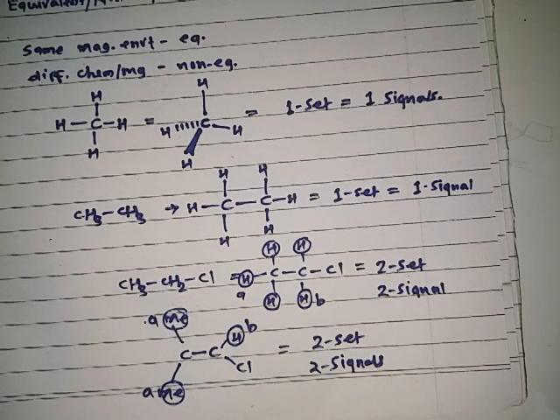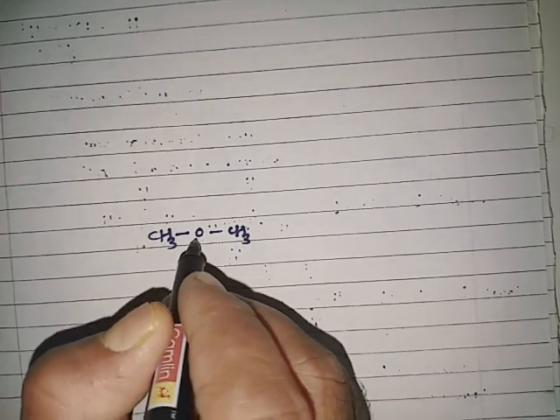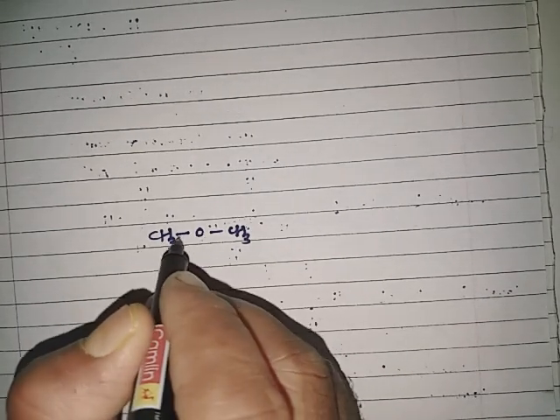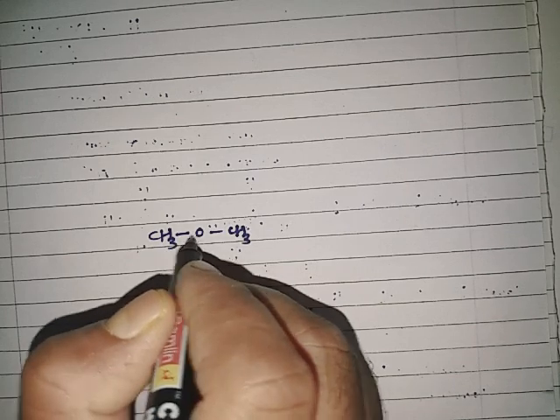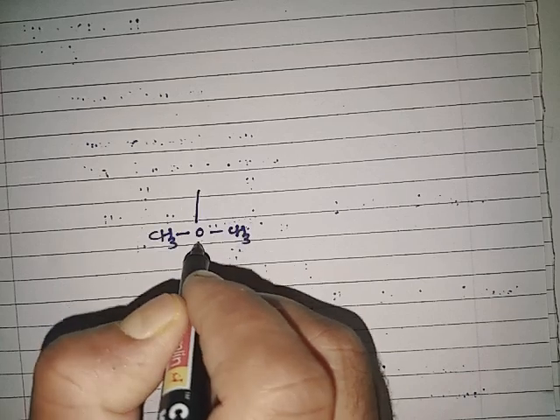The important thing for the determination of the number of signals is that you should know the symmetry elements. For example, if you draw the structure of ether, CH3OCH3, around oxygen there are two methyl groups. It means that this structure is symmetrical and it contains one plane of symmetry.